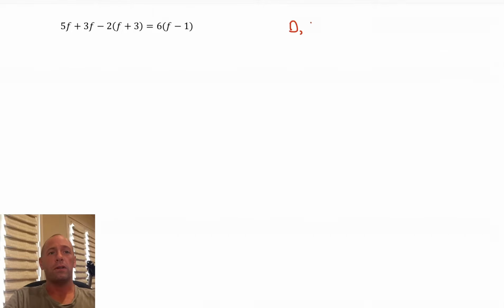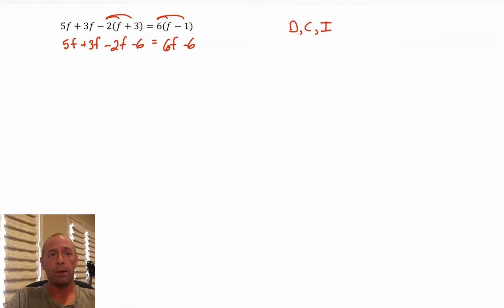Next question. This is a lot of f's, but I'm going to use my DCI again. So starting by distribution. I'm going to leave the 5f and 3f alone for now, and I'm just going to rewrite them and take care of my brackets. 5f plus 3f minus 2f minus 6 equals 6f minus 6.